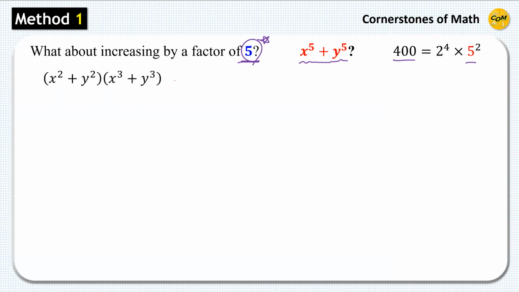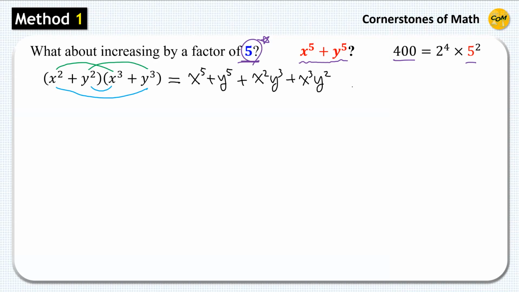Well, the idea is to multiply previously mentioned x squared plus y squared and x cubed plus y cubed. If you expand this, you will obtain x to the power of 5 plus y to the power of 5 from these. And from these you get x squared y cubed plus x cubed y squared.